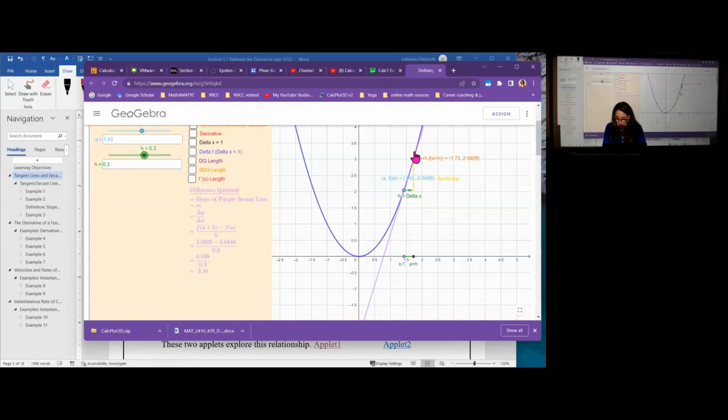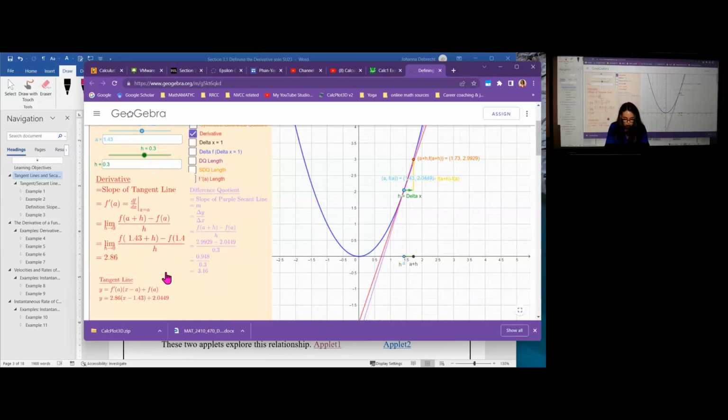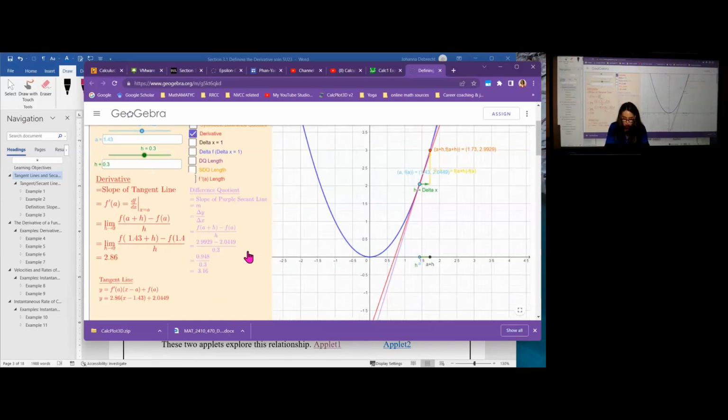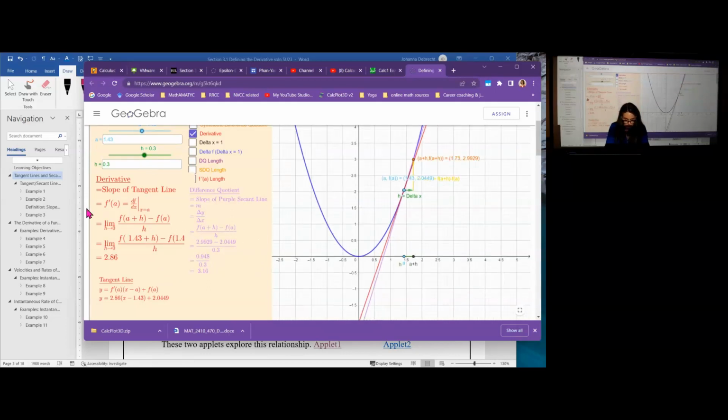As I'm doing that, you can see the slope of the secant line that's connecting the two and how it's getting closer to the value of the tangent line. When we look at the derivative, that's the line in red. Let me put up a different function that may make it a little bit more clear.